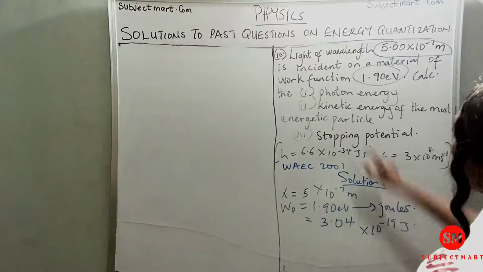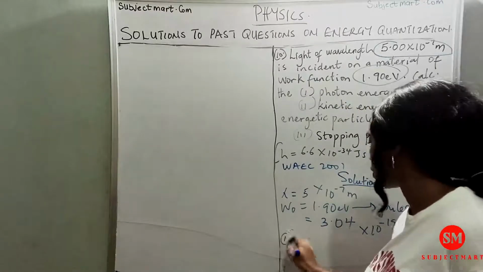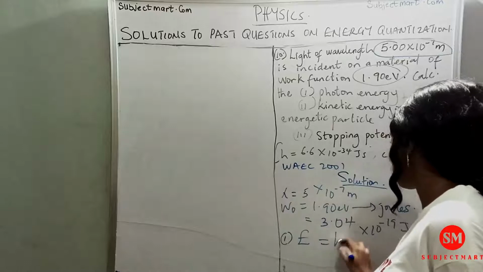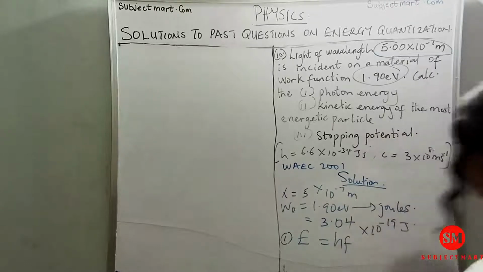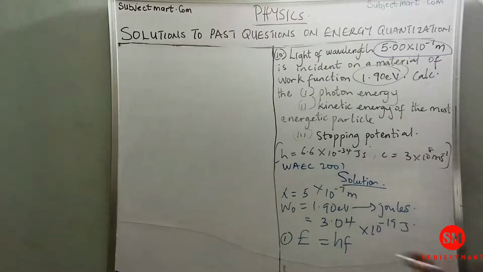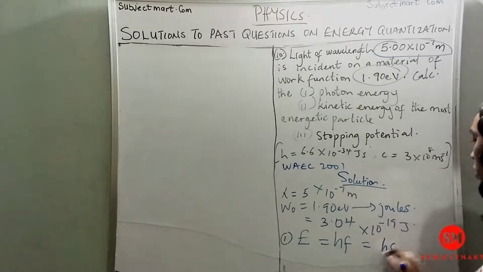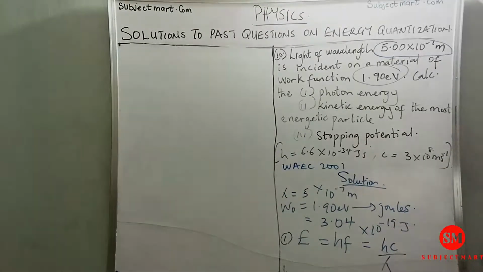Okay, so we are asked to calculate the photon energy. E is equals to HF. So the photon energy is equals to HF, and the same thing as HC over lambda.